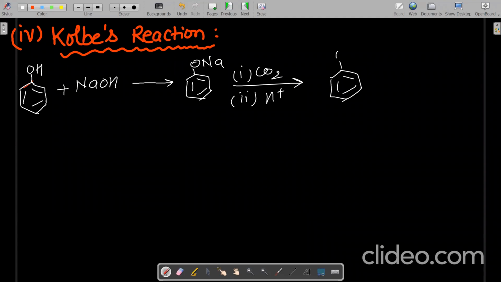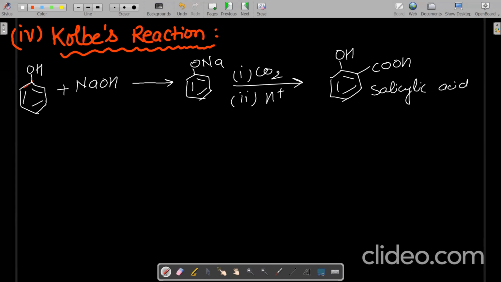And what is the formula of salicylic acid? OH, COOH. The only difference between these two reactions is that there was formation of CHO and here there is COOH. So there was salicylaldehyde, this is salicylic acid. So the final product is called salicylic acid. Okay, it is a common name.